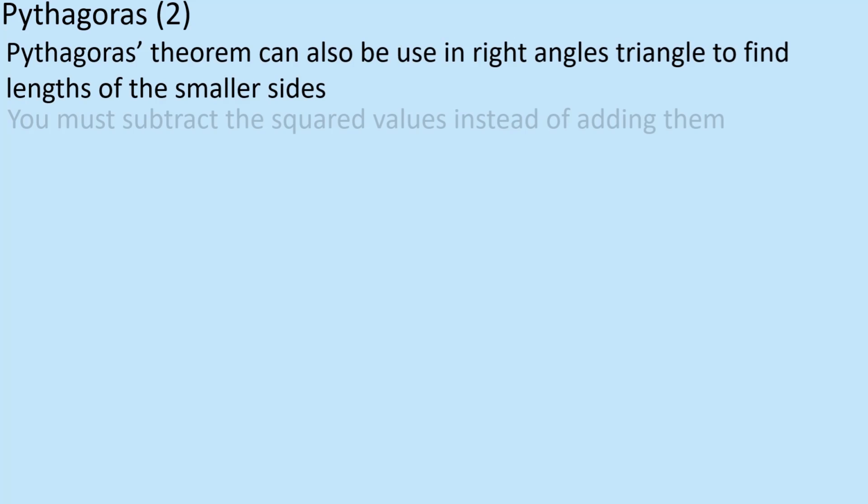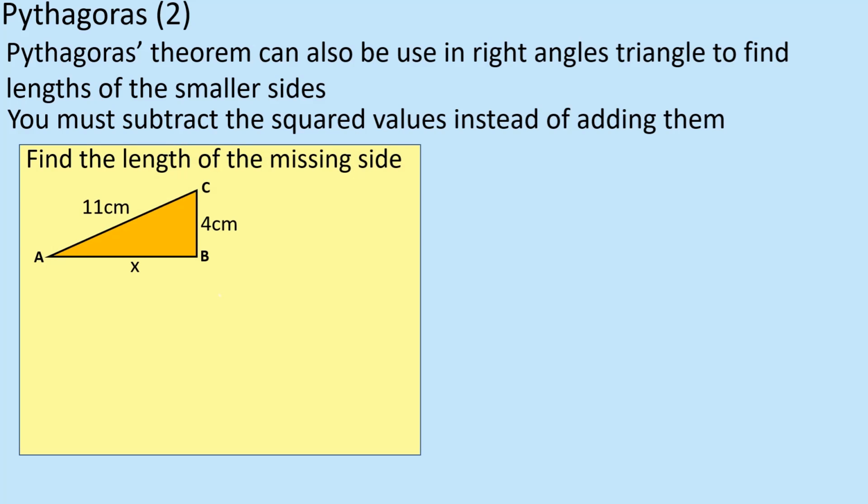What happens if you're working out one of the smaller sides? Well, you do the same kind of process, the same formula applied, but rather than adding, you are going to subtract. Ultimately what we've said is this one squared plus this one squared equals this one squared. I can't add these two because I don't know what this one is. So the only way I can do it is this one squared minus this one squared.